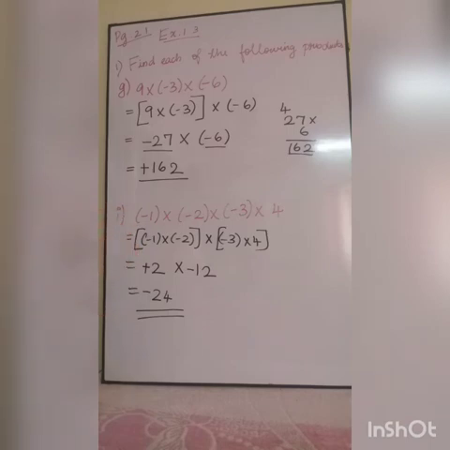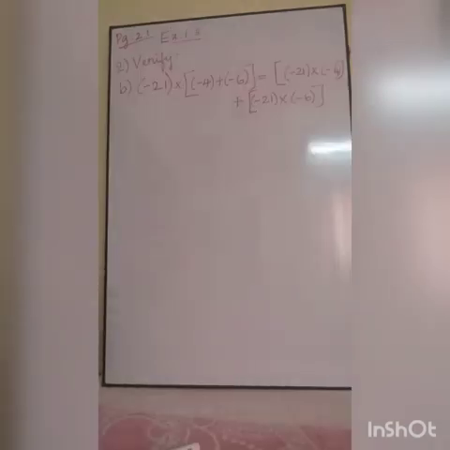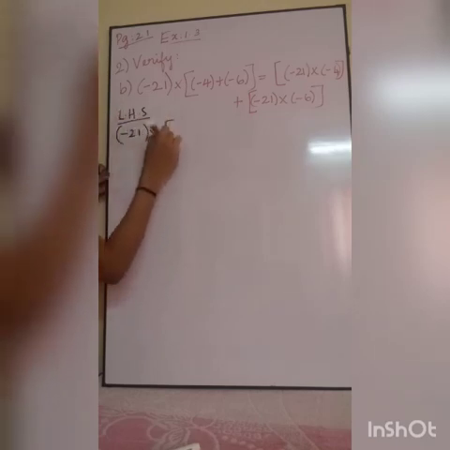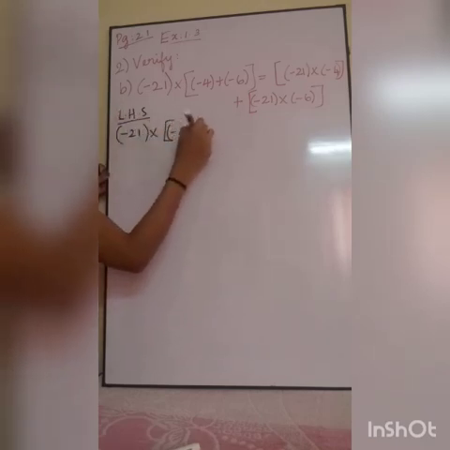Okay, children? This is your second question. In the second question, A is your homework, children. B I am going to teach you. What is meant by verify? We have to verify whether our LHS answer is equal to the RHS answer. So first we should take LHS: minus 21 into minus 4 plus minus 6.